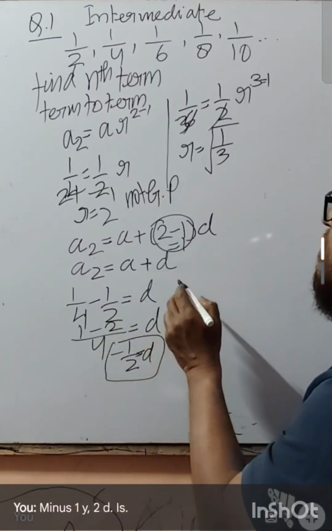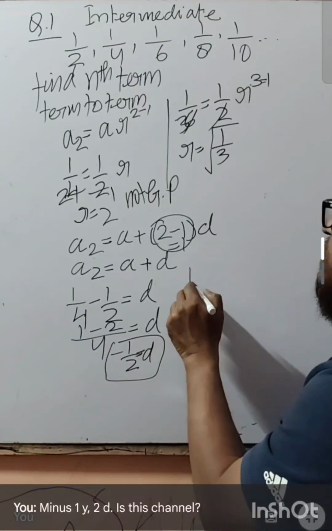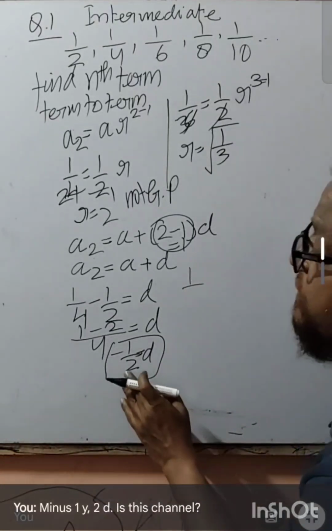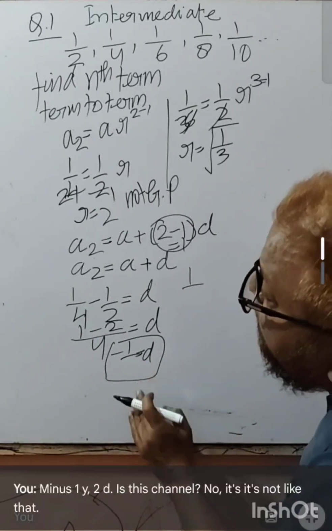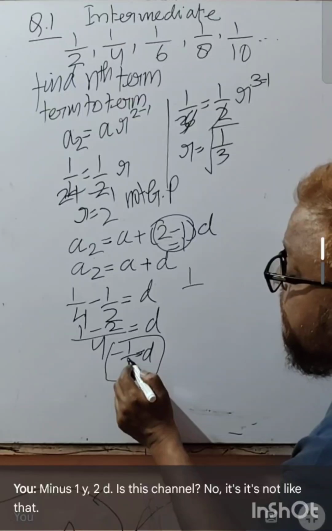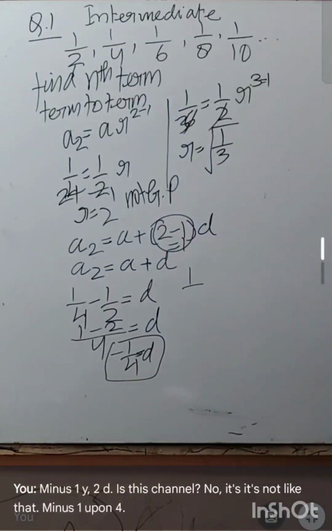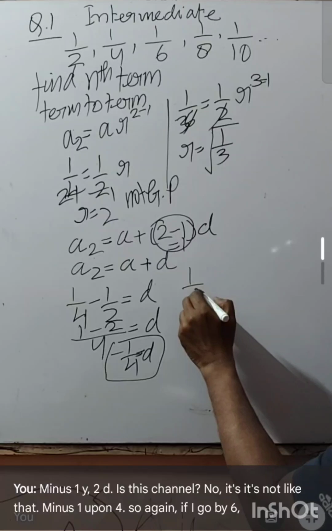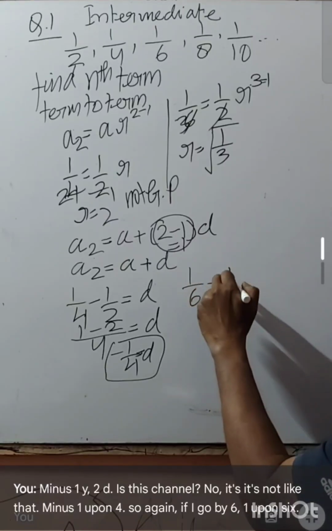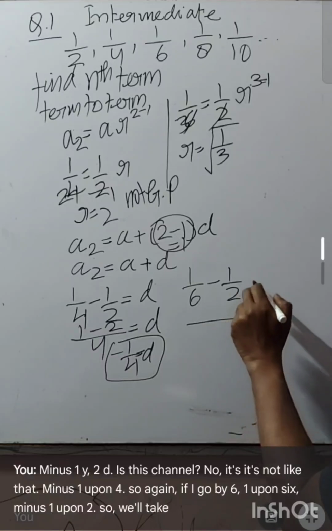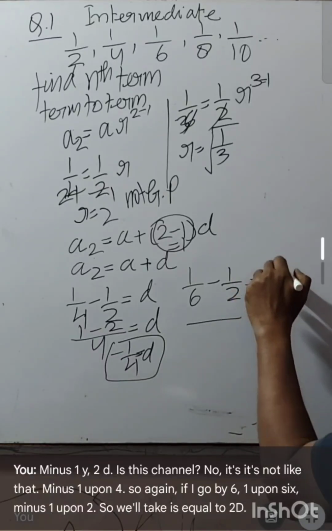Is this fair? No, it's not like that. Minus 1 upon 4. So again, if I go by 6, 1 upon 6 minus 1 upon 2, we take it equal to 2D.